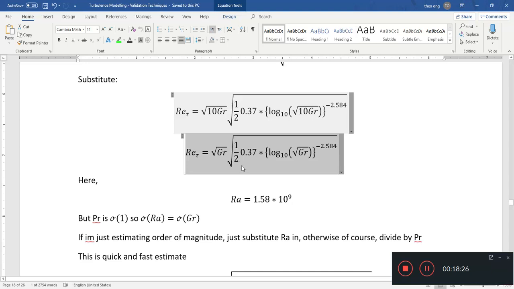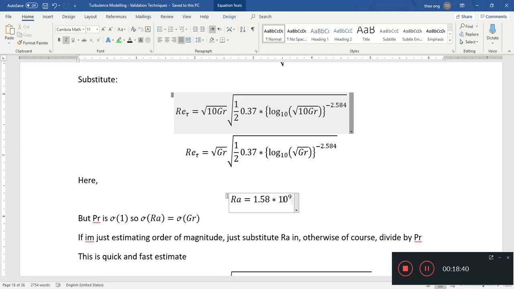All right. So how do we estimate this? Again, we have our Rayleigh number, which is 1.58 times 10 to the 9th power. Again, I use a very fast method. Try to cut corners again, make a shortcut.